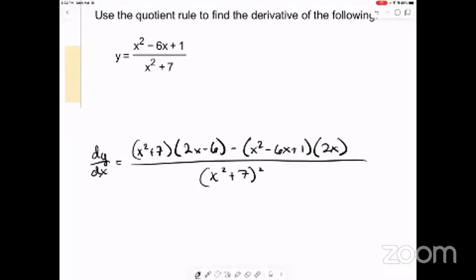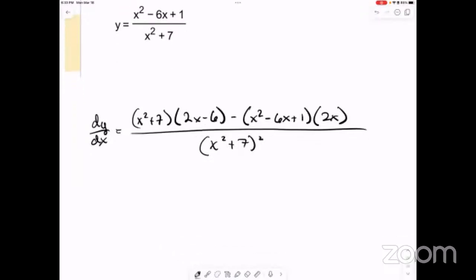Okay, let's expand it out. What is that? 2x cubed minus 6x squared plus 14x minus 42, minus, so negative 2x cubed plus 12x squared minus 2x, over, I'm going to leave this like this.